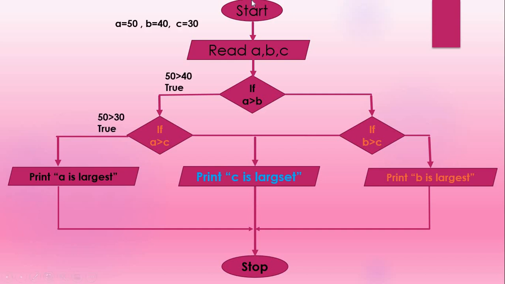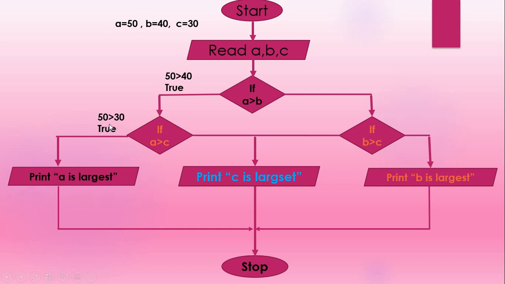Suppose the values of A, B and C are 50, 40 and 30. First it checks A greater than B, that is, it checks whether 50 is greater than 40. In this case, the condition is true, it comes here, it checks 50 with C, that is 30.